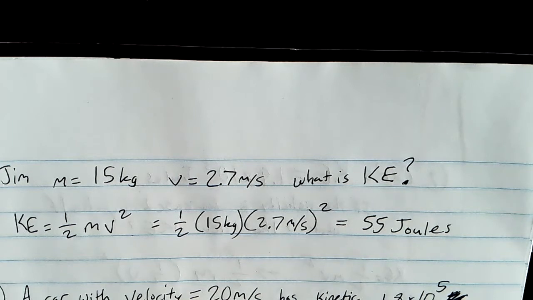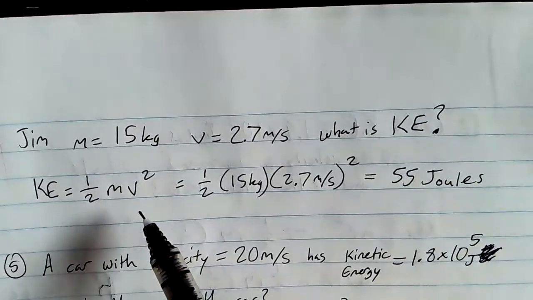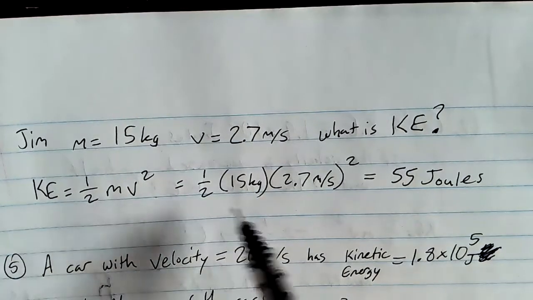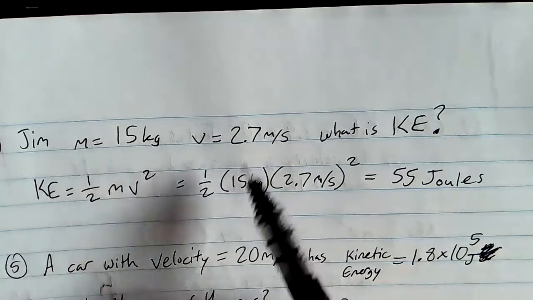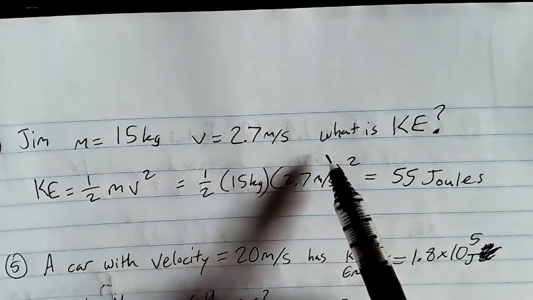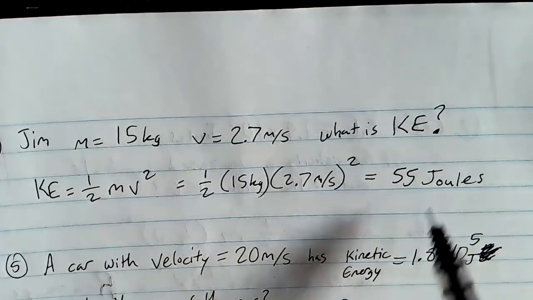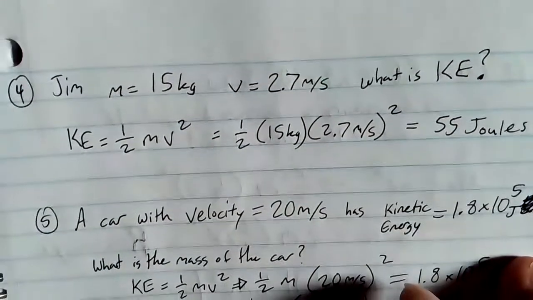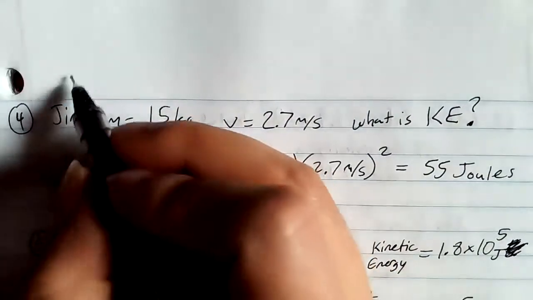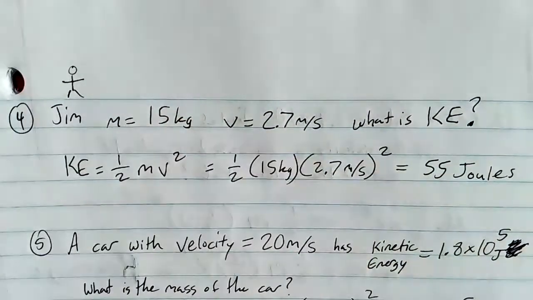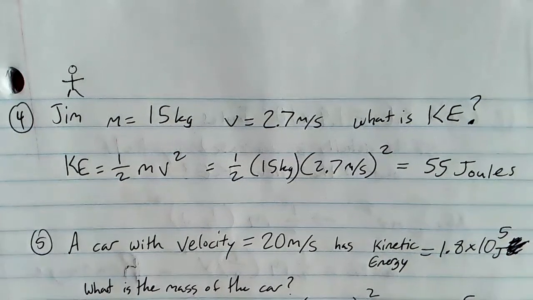We're going to use that same equation, 1/2 times the mass times velocity squared, and all you need to do is plug in the numbers. 1/2 times 15 kilograms times 2.7 meters per second squared, and that all equals 55 joules. All right, pretty straightforward.